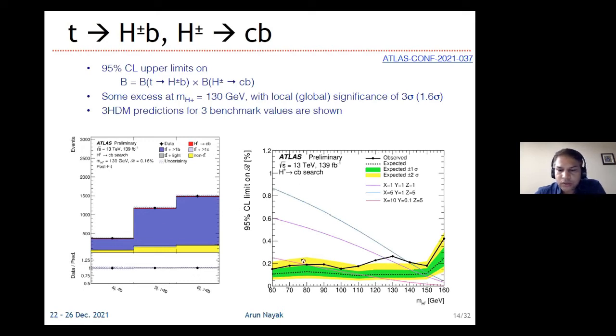And here it shows the limits obtained on the branching fractions. The limits are in the range of, say, 0.1 to around 0.3 between 60 GeV and 160 GeV. The observed one is always slightly higher than the expected, and you have a slightly larger fluctuation around this region. And these theoretical curves are for predictions in the 3 Higgs doublet model for 3 benchmark scenarios.